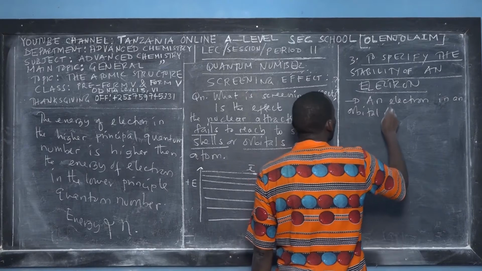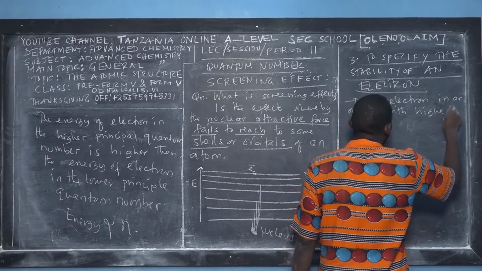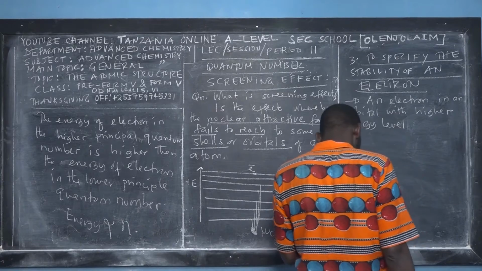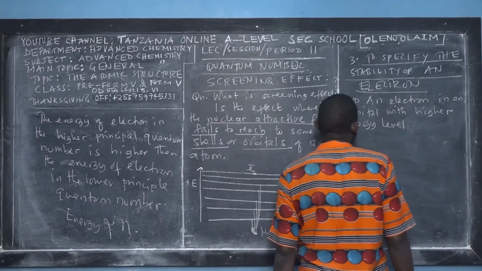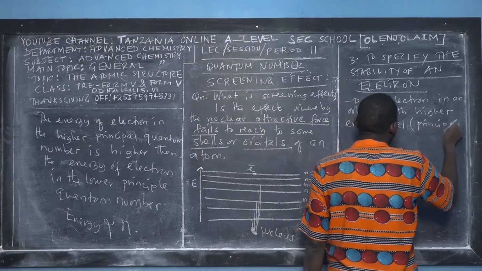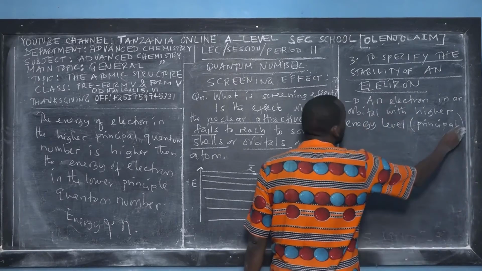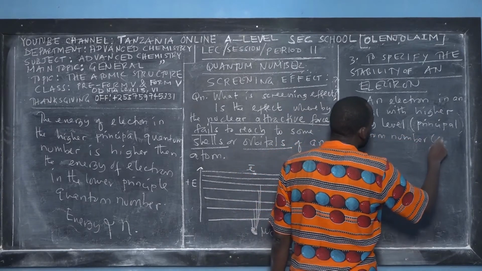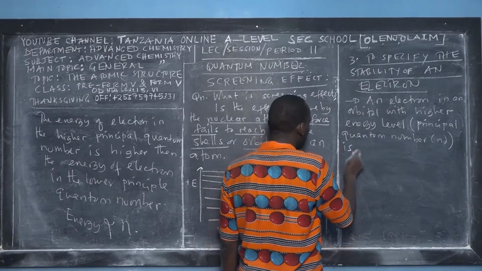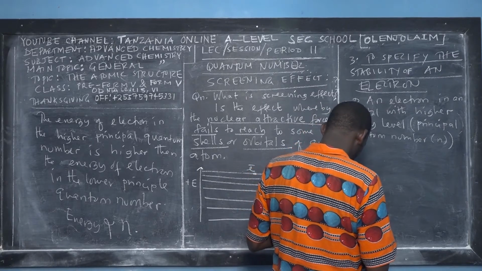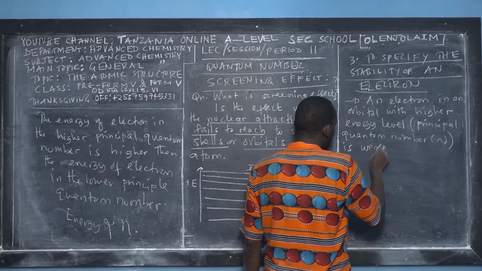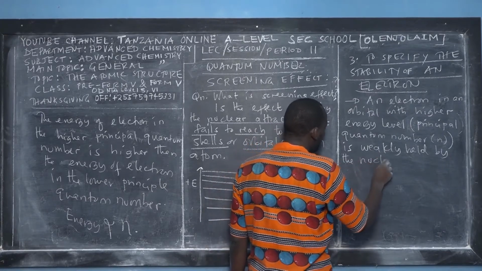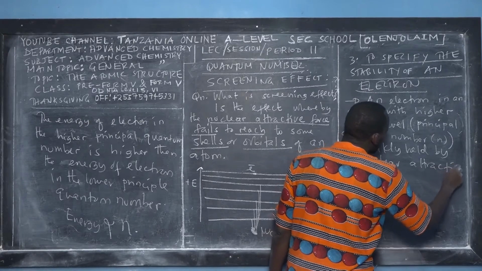electrons in an orbital with a higher energy level, meaning a higher principal quantum number, are weakly held by the nuclear attractive force.